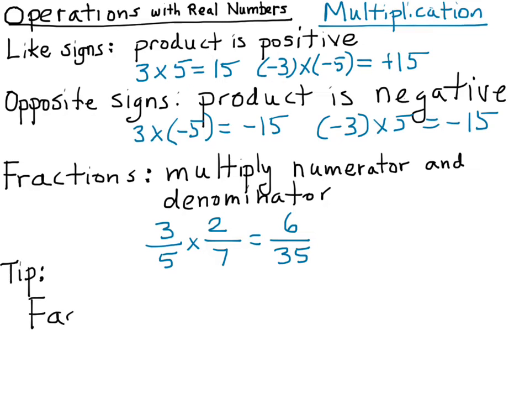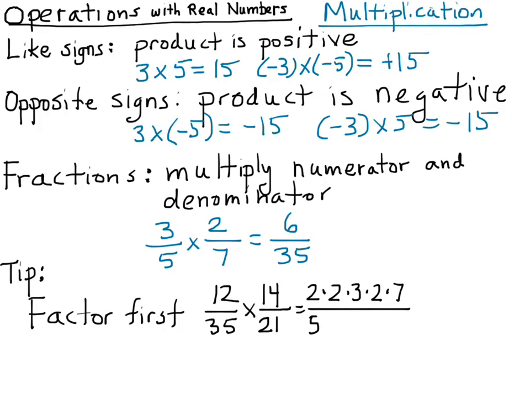Now there is something with factoring that I think would be helpful if you get used to. Rather than multiplying this 12/35 by 14/21, rather than multiplying out 12 times 14 and 35 times 21 and then seeing if you can reduce it, if you fully factor the numerator and the denominator, what you can do is cancel out the factors that you already have, like there's a common 3 and a common 7 between the numerator and the denominator.